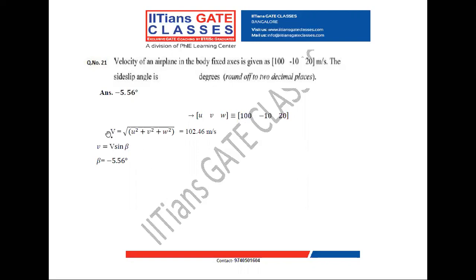From this, absolute velocity can be obtained as square root of u square plus v square plus w square, that is equal to 100 square plus minus 10 the whole square plus 20 square, that is equal to 102.46 meter per second.